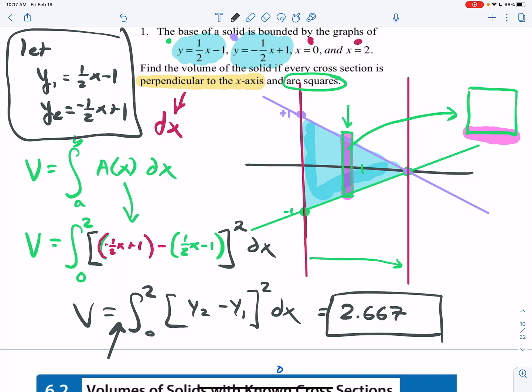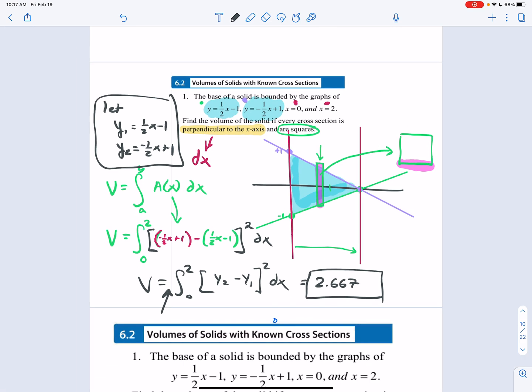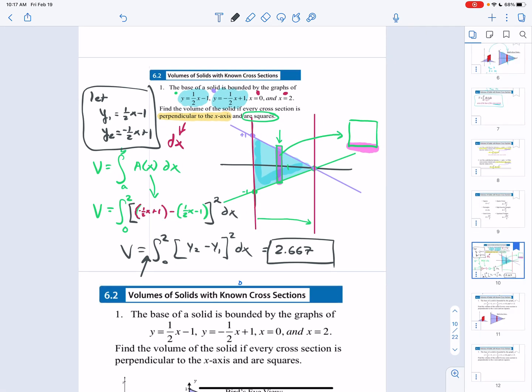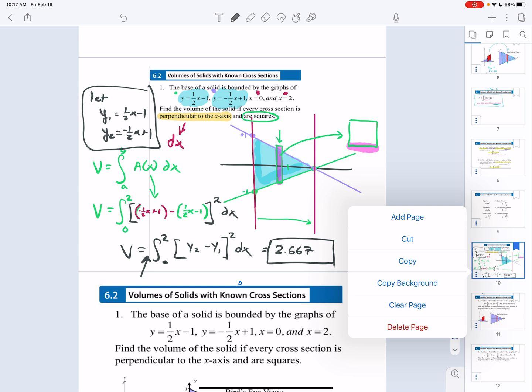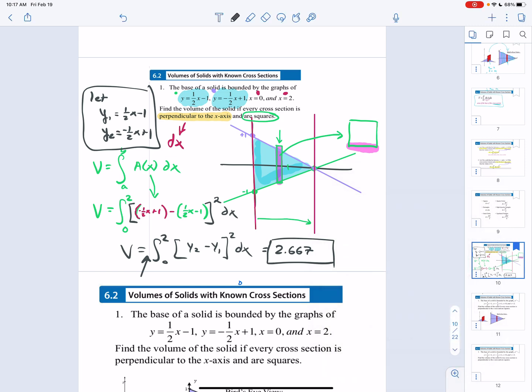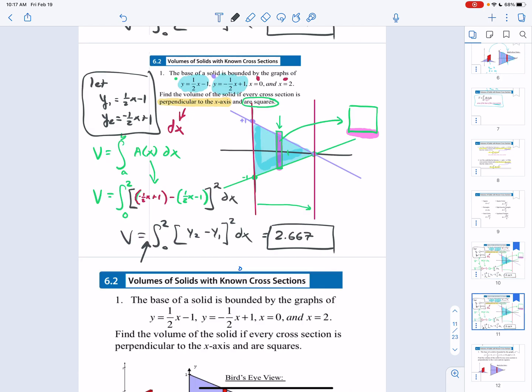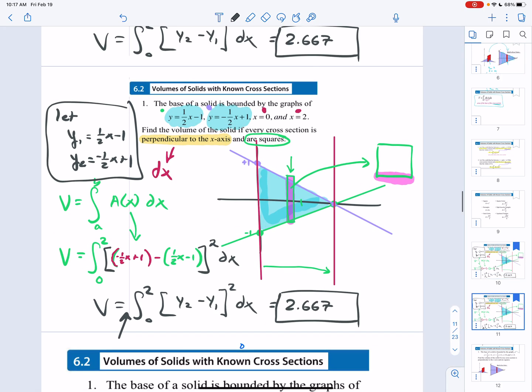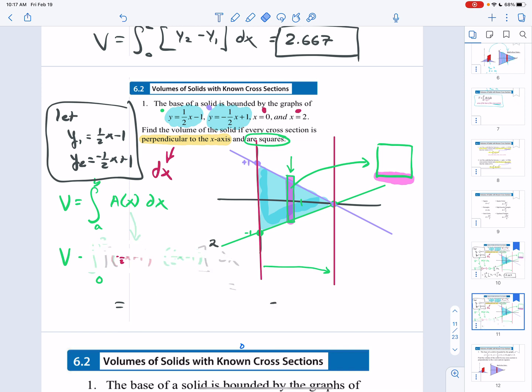Just so you get a better idea of how things would change up, we're going to do very similar problems here. So let me see if I can duplicate this. Let's try. Okay, so here's part B. Here's what I'm going to change up for you guys. So what I want you to do now is draw the picture one more time.